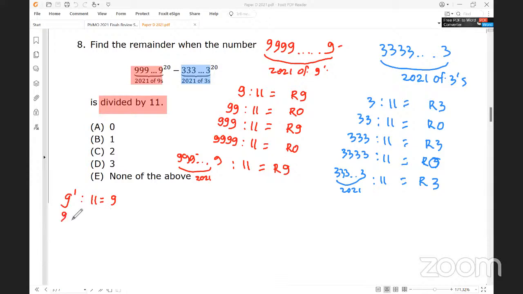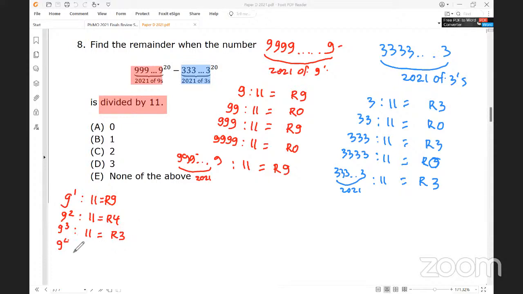Then 9 to the power of 2 divided by 11, the remainder will be, 81, it's 4. Then 9 to the power of 3 divided by 11, the remainder will be 3.